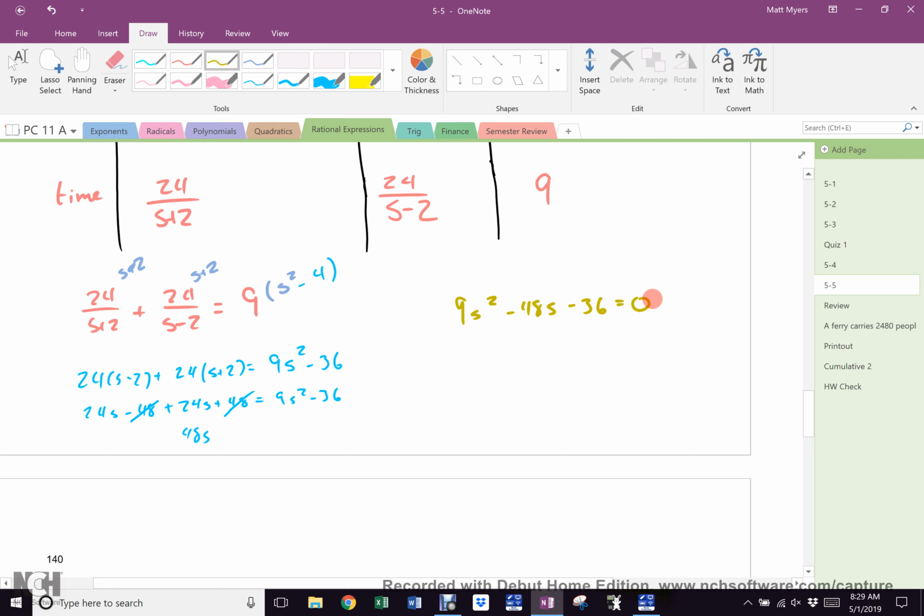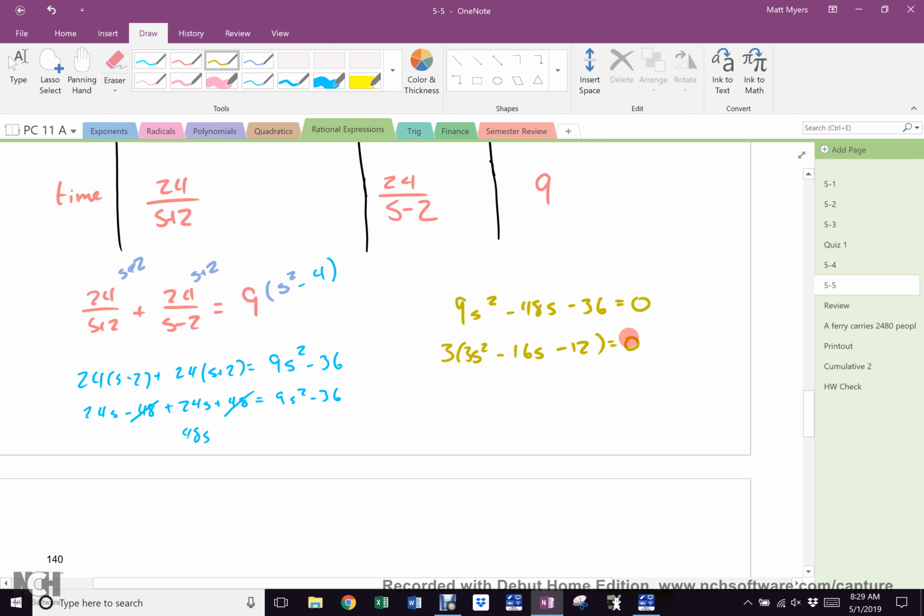Now what? Divide by 9? 9 goes into 48? No, but we could divide by something. What? 3. 3s squared minus 16s minus 12.